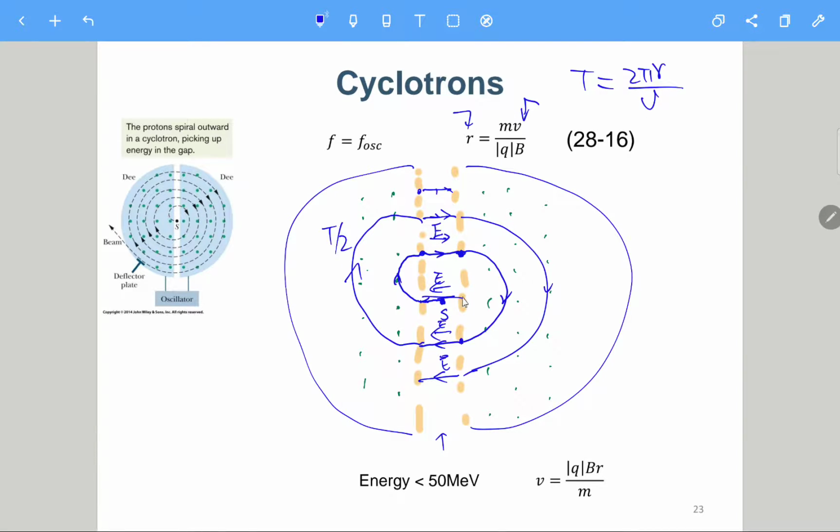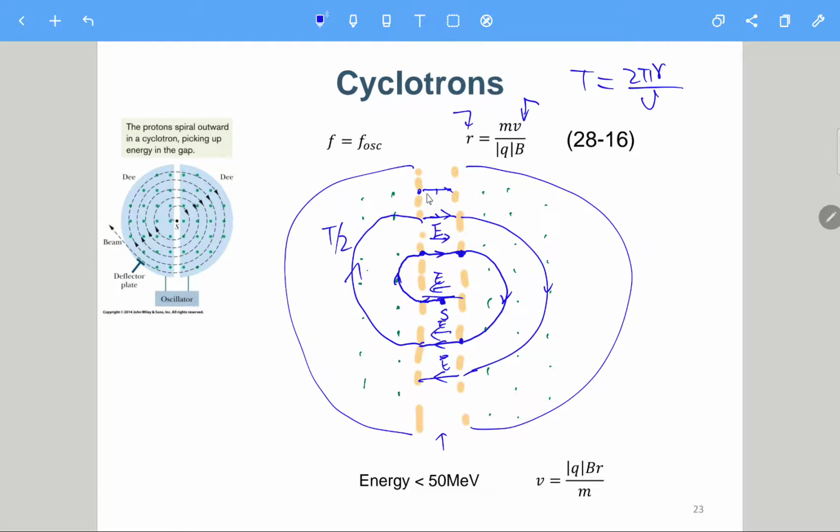So no matter how large the radius is, it takes T over 2, going from this point to that point and going from this point to that point, going for half a circle. It doesn't really depend on the radius or the velocity at that point.